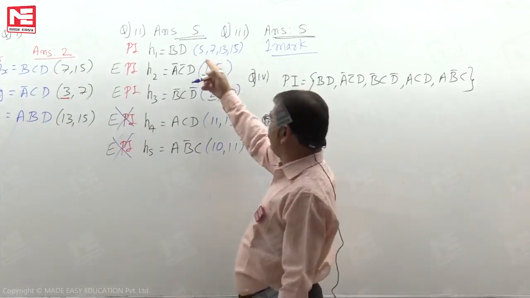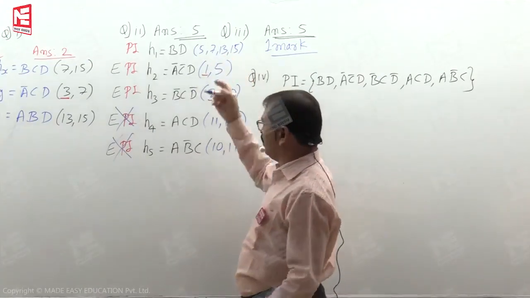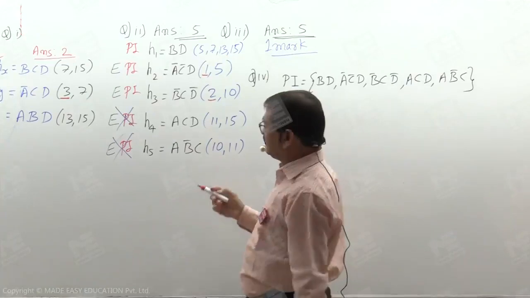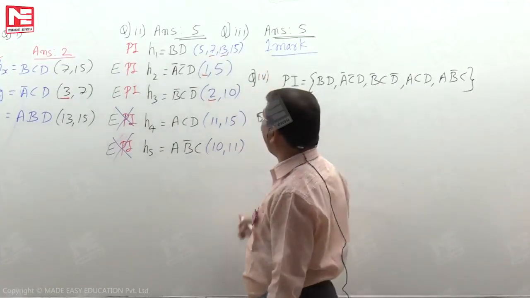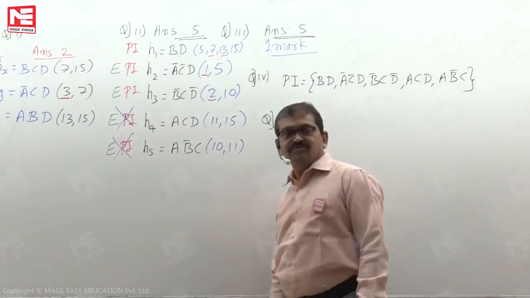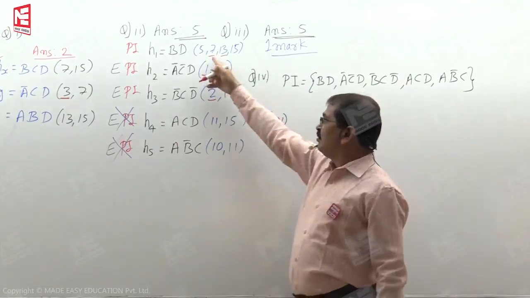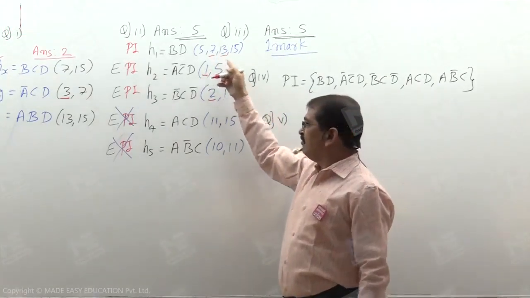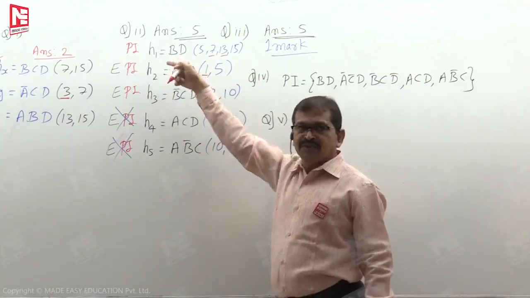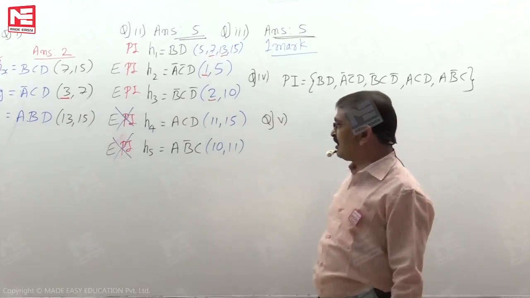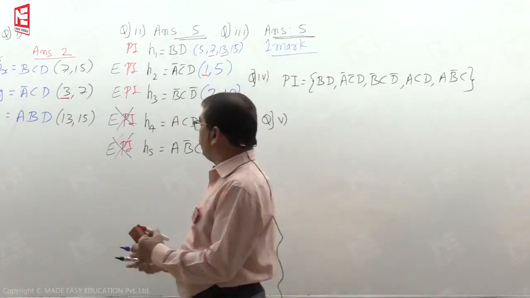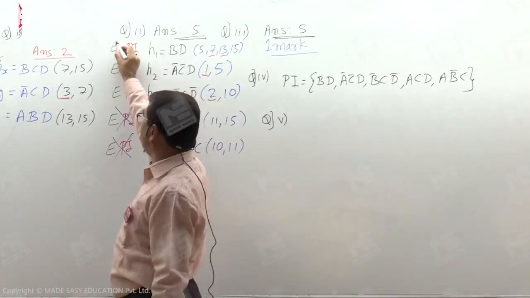Come to H1: 5, 7, 13, 15. If you look here, the coverage of 7 and 13 is not present in any other subcube. So the coverage of 7 and 13 is only by the product H1, only by this prime implicant H1. Hence, as far as the coverage of 7 and 13 is concerned, H1 is an essential prime implicant.